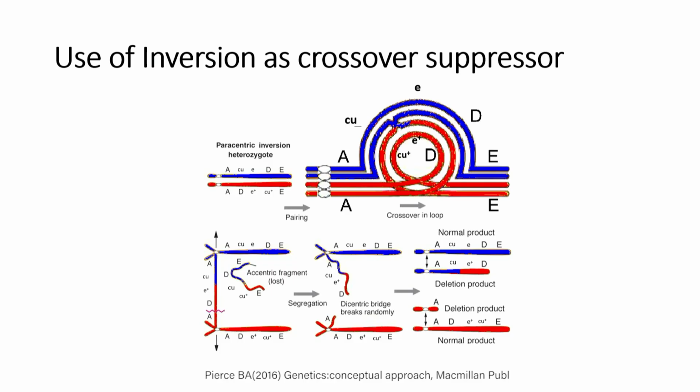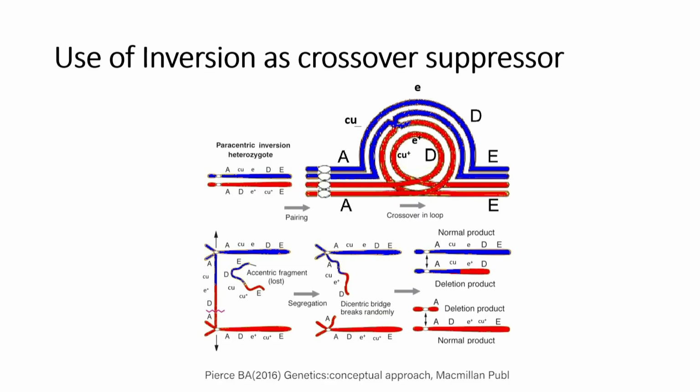So this is the pairing of the normal one, which has the mutations Cu and E. The other one, the inverted one, has Cu plus E plus, normal for Cu, normal for E, and they paired.